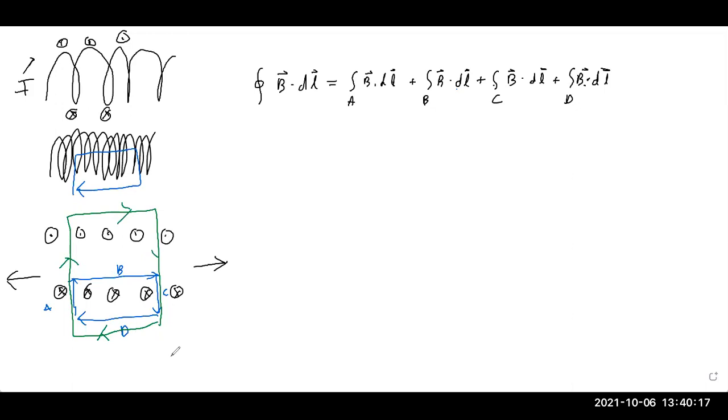So it does not contain any net current. The net flow through that loop is 0. So there should be no magnetic field along that path, or the integral along that path needs to cancel out to 0. And if the vertical legs of that green rectangle cancel out to 0, then the top and bottom leg must also cancel out to 0.